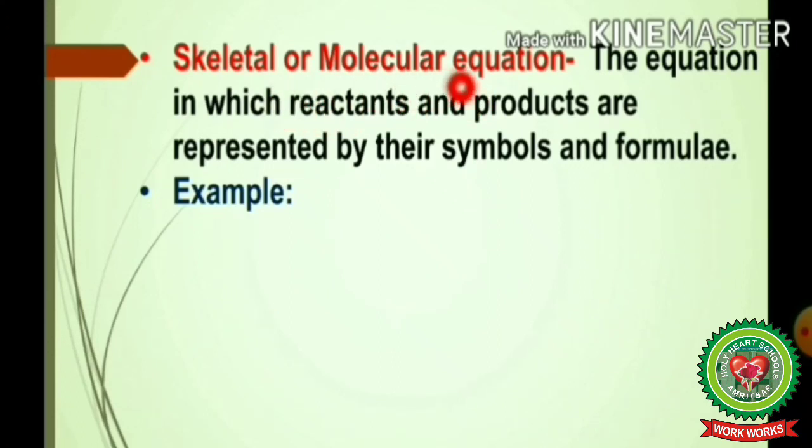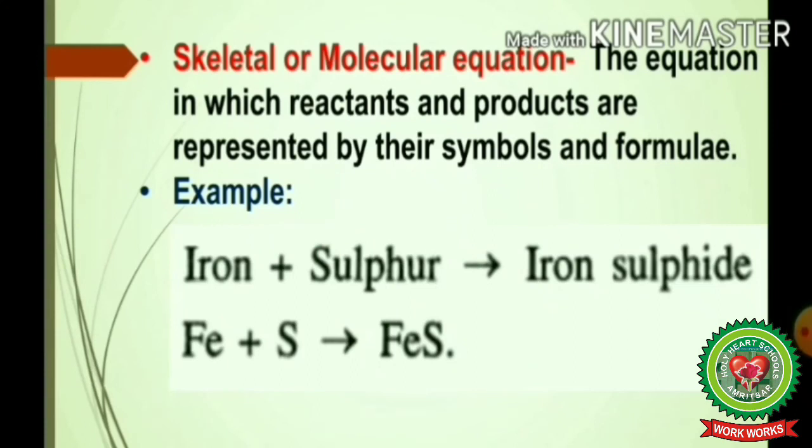Skeletal or molecular equation is defined as the equation in which reactants and products are represented by their symbols and formulae. For example, iron reacts with sulfur to form iron sulfide. The skeletal equation is Fe reacts with S to form FeS.